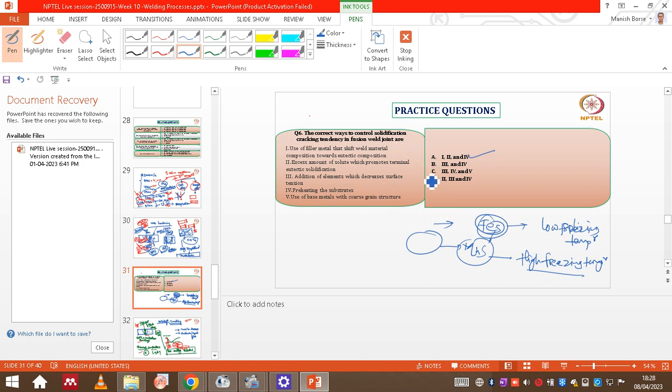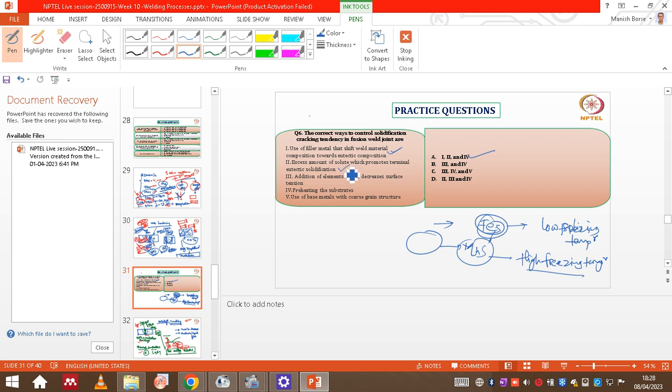As I said, the use of filler material that shifts the weld material composition to a eutectic point is obviously correct, so option A is the correct one. And we have to supply an excess amount of liquid which promotes the terminal eutectic solidification. Yeah, that is also correct.